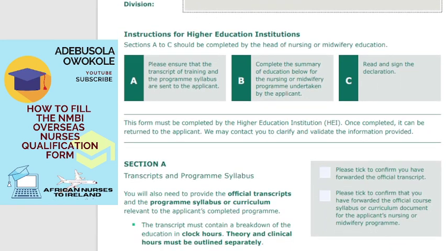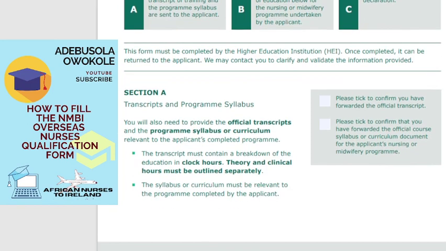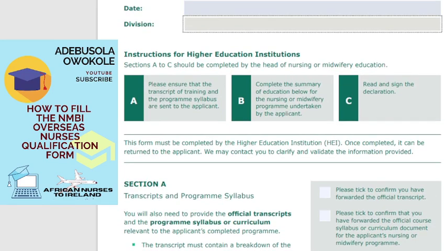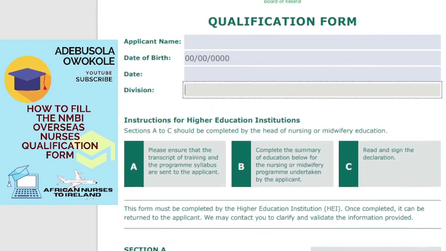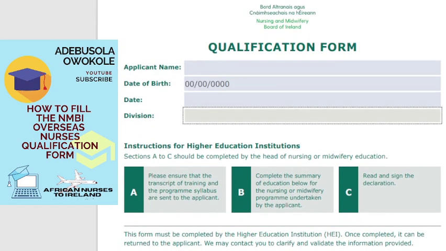It says section A, section B, and section C. First of all, I want to let you know the person to fill the form is from your school of training. It could be your HOD, head of department, or anyone authorized to sign the form in your school.